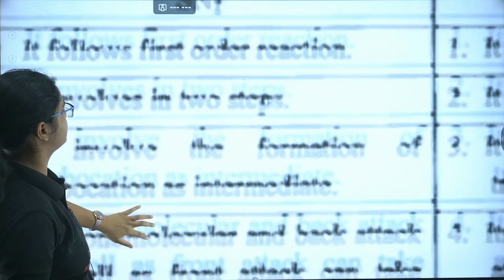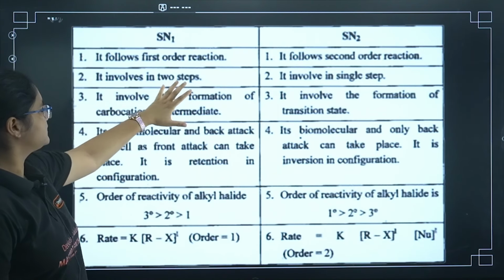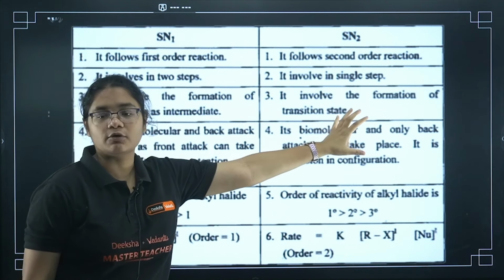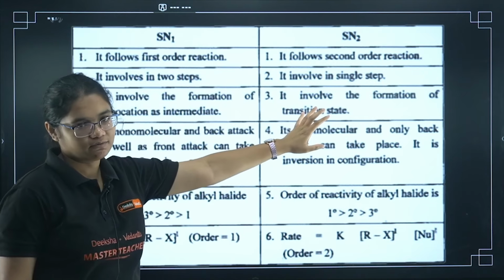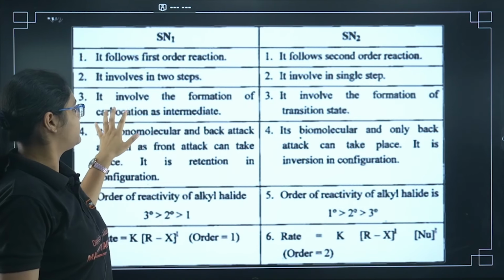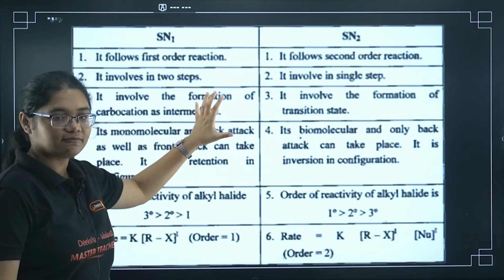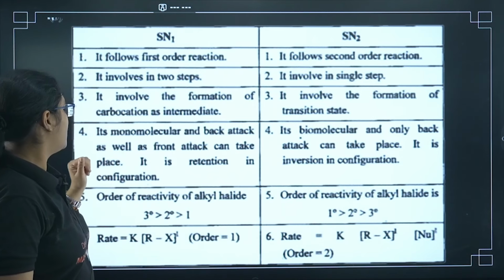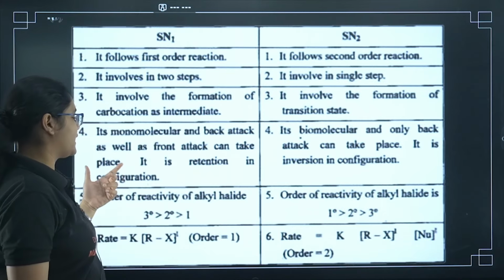Okay, next, I think it is visible. I'll just zoom it. Okay, the picture is slightly blurry. So SN1 follows first order, SN2 follows second order. Next, SN1 involves 2 steps, SN2 involves 1 step. It involves the formation of carbocation. There is a formation of transition state. These 3 points are very, very important. Next, it's monomolecular and both the back attack as well as the front attack can take place.